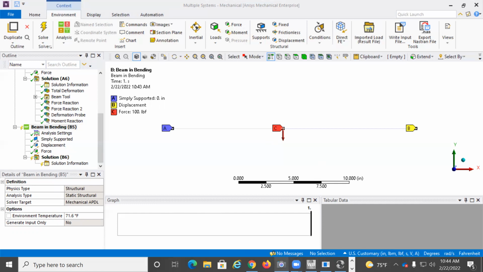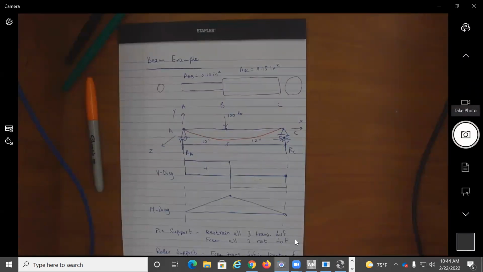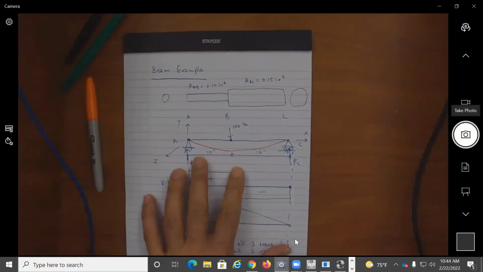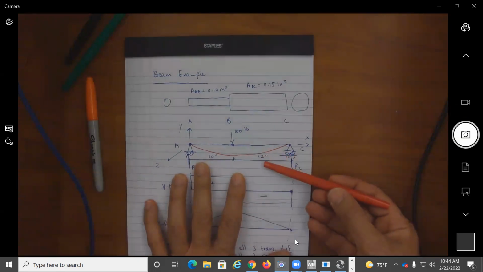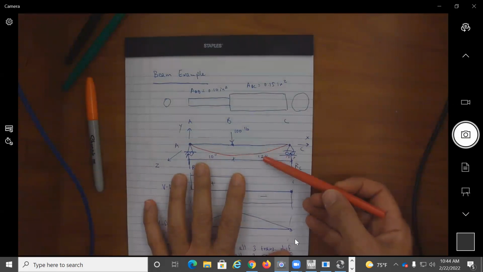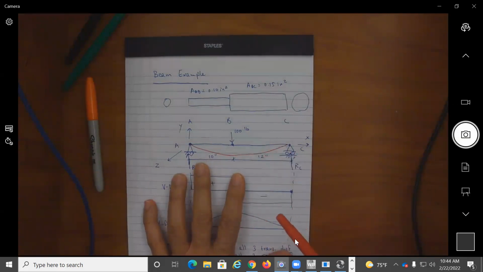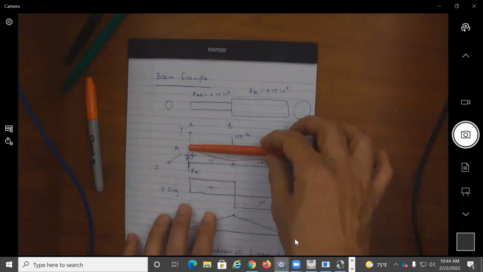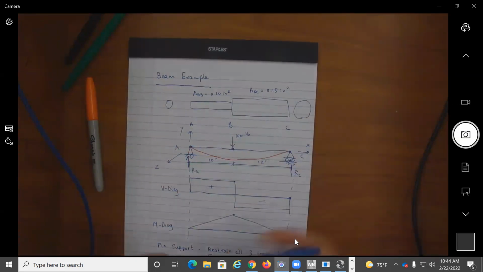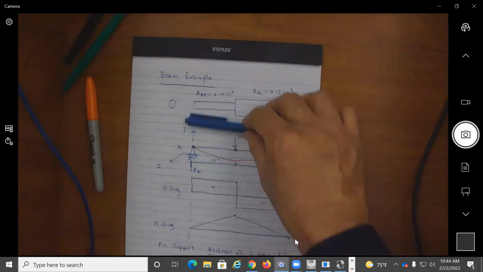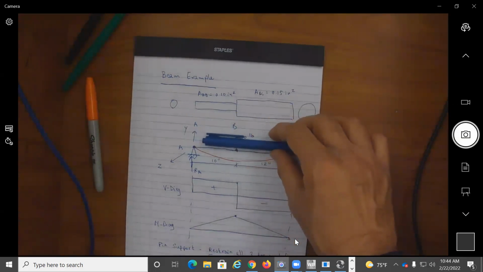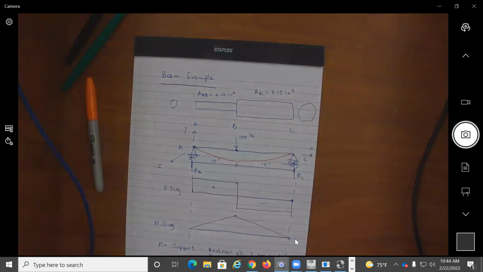But because ANSYS is thinking 3D, it wants to make sure that rigid body motion is prevented in all 6 degrees of freedom. Now I know with these type of supports, my beam is not going to translate in X, is not going to move in Y, is not going to move in Z. Okay.